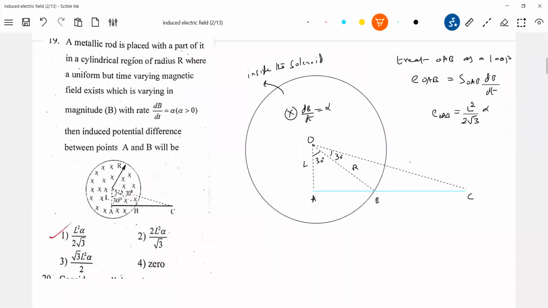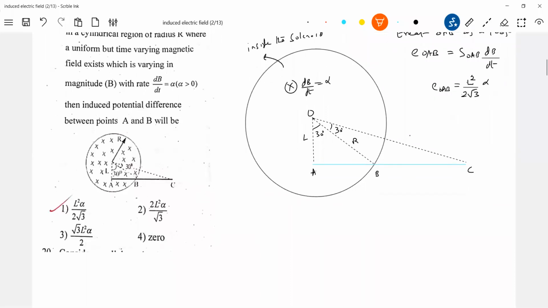So I'm interested in OA. I'm interested only in OA first. How is E bar? So shall I put it like this? The direction. I'll show a few lines. It will be like this. E bar will be directed here. This will be the direction of E bar. And the dl you are going to take in the direction.